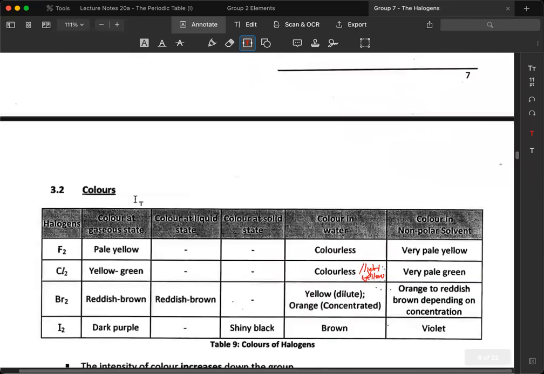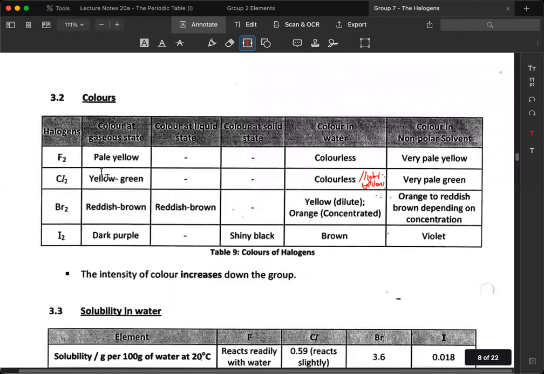Okay, these are the colors. Pale yellow, yellow-green or greenish-yellow also can, reddish-brown, dark purple, then shiny black, purplish black also accepted. In aqueous solution, colorless or light yellow for chlorine when diluted, orange for bromine when concentrated, brown for iodine.